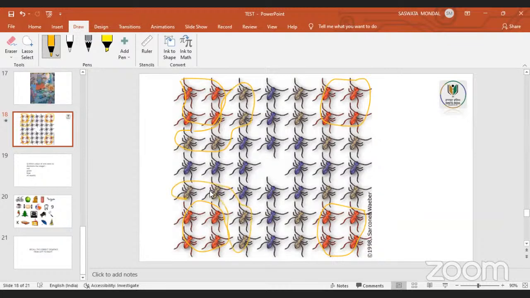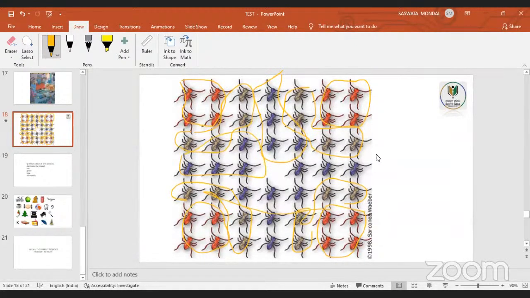Over here also we have 1, 2, 3, 4, and over here as well, same thing. For the blue one, 1, 2, 3, 4, and over here 1, 2, 3, 4. So all are equal.